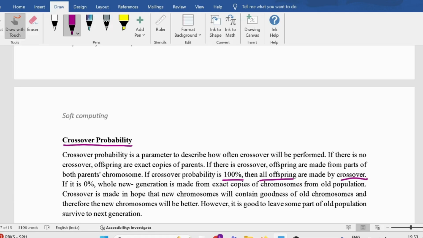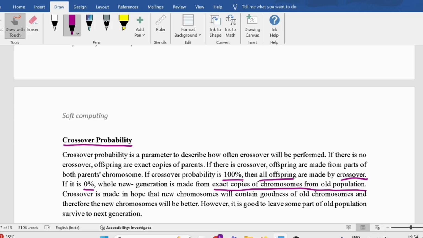If I say that it is 0% probability, then all are copies, there won't be any crossover. Every chromosome will come from the old parents. We'll just take the fitter individuals from the previous generation and put them into the next generation. So the solutions will be the same as the previous one. The better solutions are just taken and put. We are not going to do any kind of crossover.